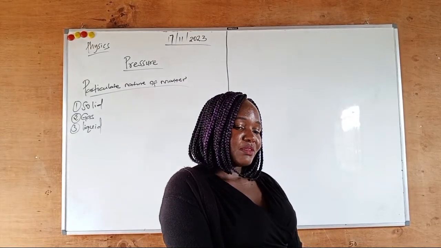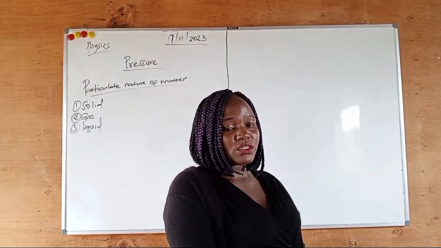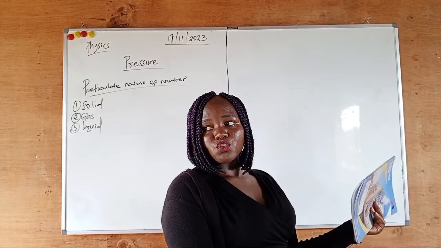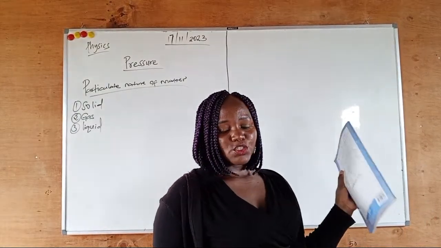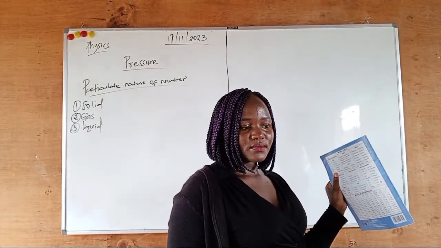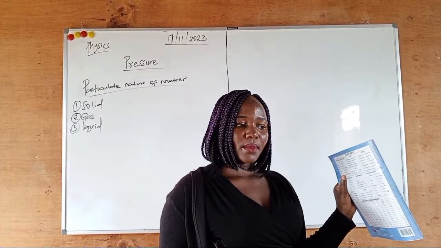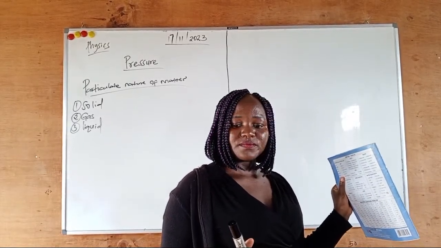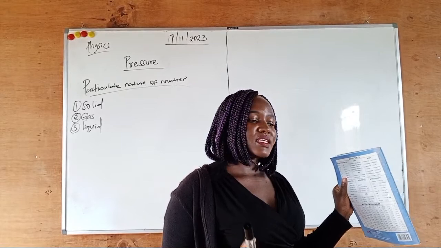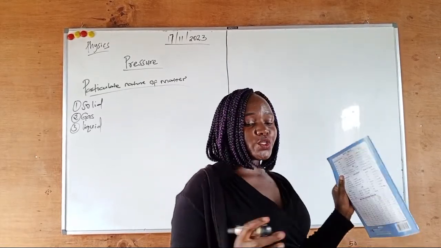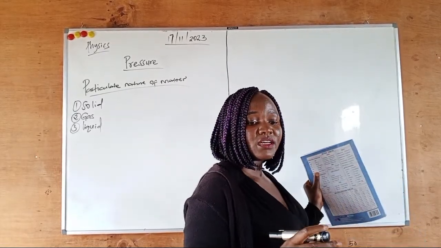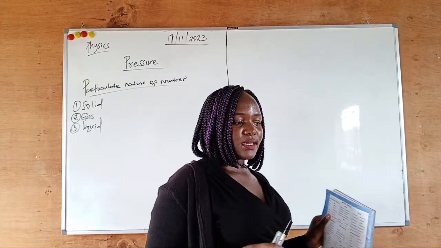These atoms are subdivided into subatomic particles known as the protons, neutrons, and electrons. And then these atoms join together to form molecules, exactly.